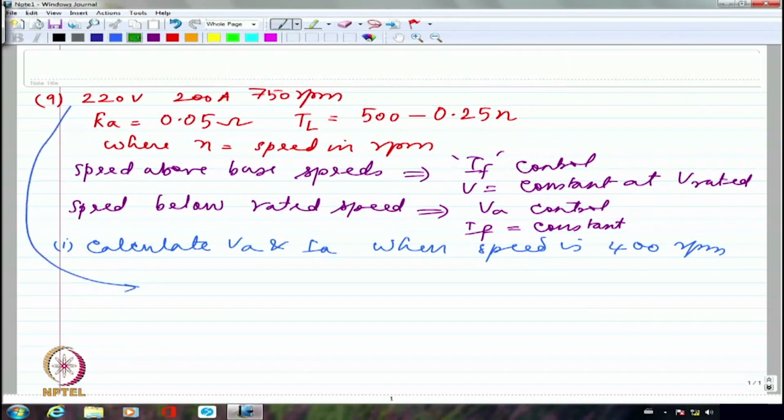So for rated condition, 220 minus 200 multiplied by 0.05. Right? This is going to be my EB.